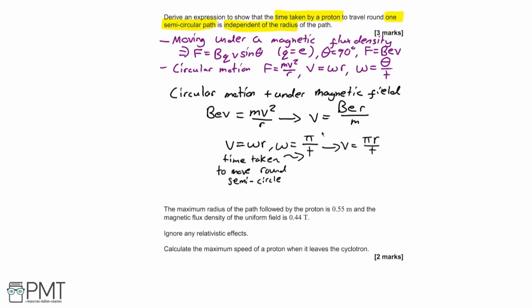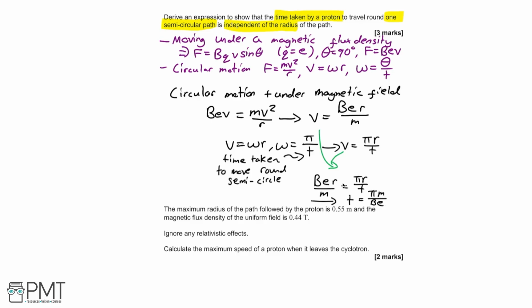So then we combine these two equations together, and what we have is that B times E times r divided by m is equal to pi r divided by T. Tidying this up a bit, we end up with an equation that looks like T is equal to pi m divided by BE.